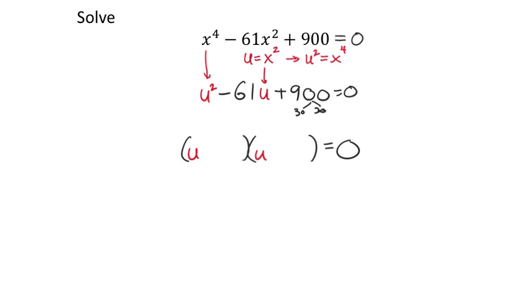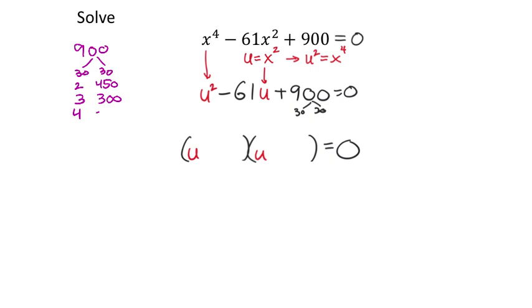So let's look at some other values. Let's look at 900. 30 and 30 works. 2 and 450 works. 3 and 300. 4 will work. 5 works too.